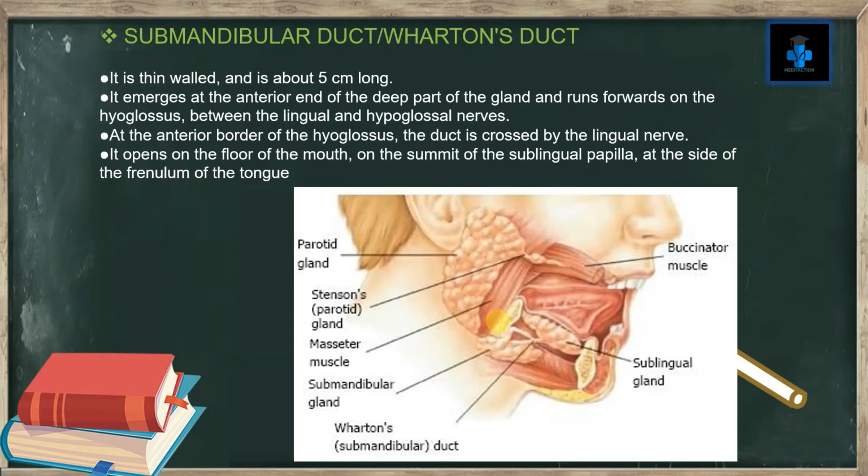At the anterior border of the hyoglossus, the duct is crossed by lingual nerve. It opens on the floor of the mouth on the summit of the sublingual papilla at the side of the frenulum of the tongue. So this is the Wharton's duct or submandibular duct.